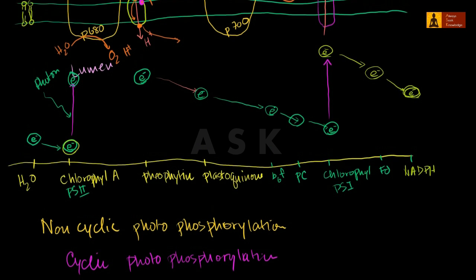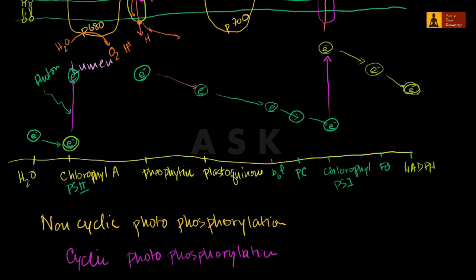So what happens in that situation is this electron, after it gets activated or excited in photosystem 1, eventually ends up, instead of at NADPH, at photosystem 2. So instead of this one having to be replaced by electrons from water, in cyclic photophosphorylation it ends up getting replaced by the original electrons.